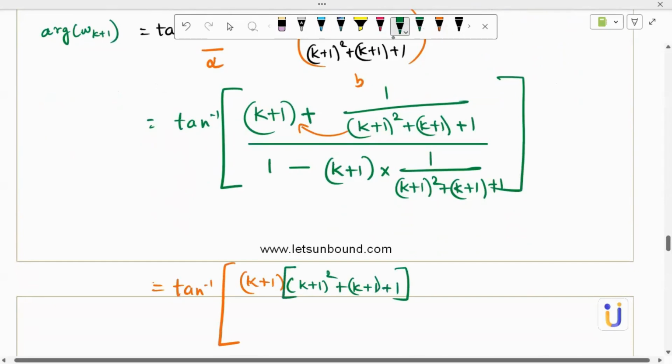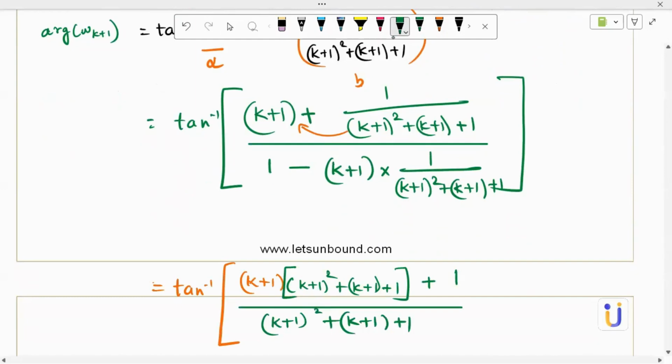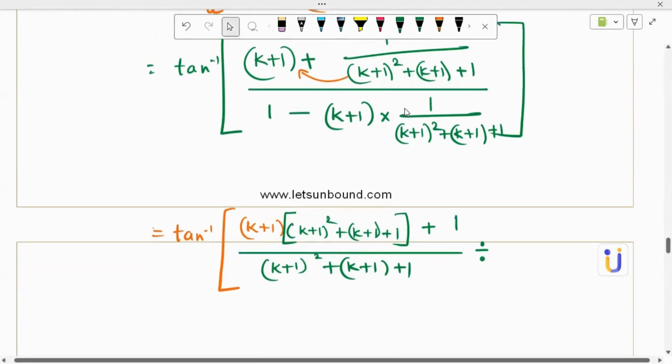We can make it k plus 2, but anyway, let's keep it as it is. Plus 1 divided by k plus 1 the whole square plus k plus 1 plus 1. Simplifying the numerator part is done and there is a major division, so you can just put a division like this and continue over there.